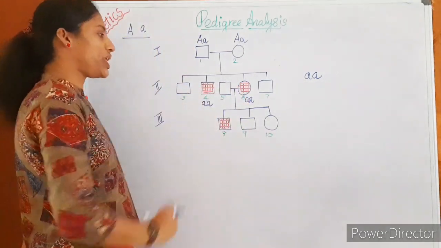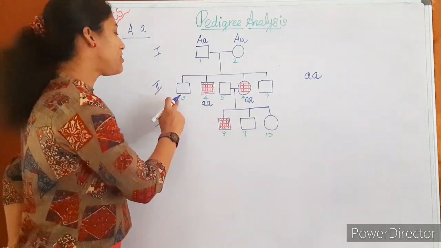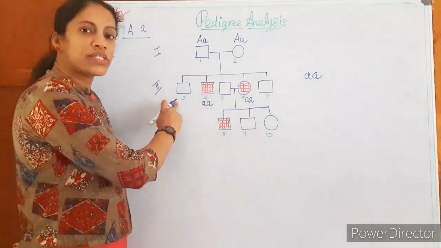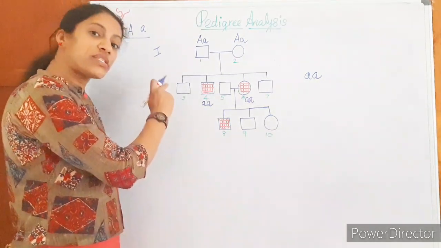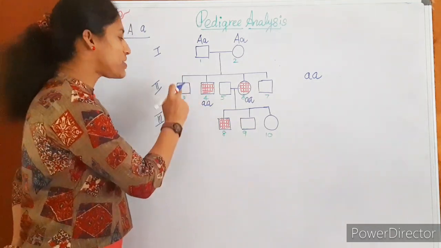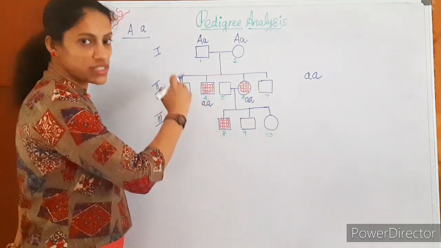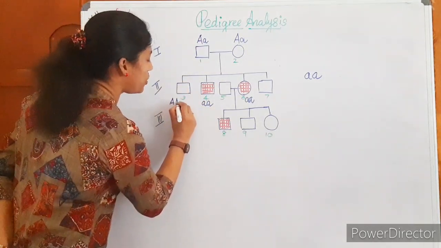What about member 3, this one? Is there a chance for this member to be capital A capital A, or capital A small a? Is it small a? No, it is never small a. If it's small a, it should be shaded, diseased. So if there are two possibilities, you have to write both.